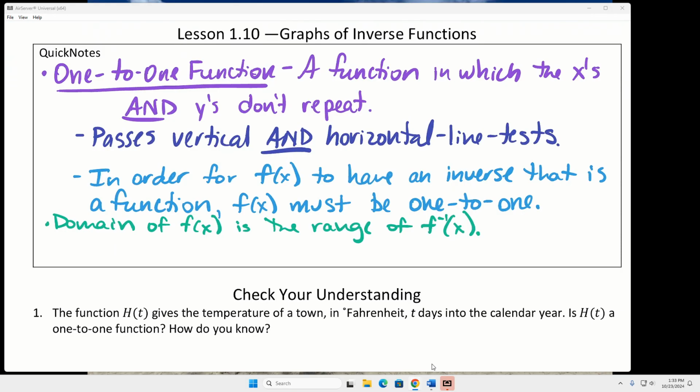When you switch x and y, you're switching the domain and range. So also, the range of f of x is the domain of f inverse of x. And that's, like I said, just because you're switching x and y, you're switching domain and range.